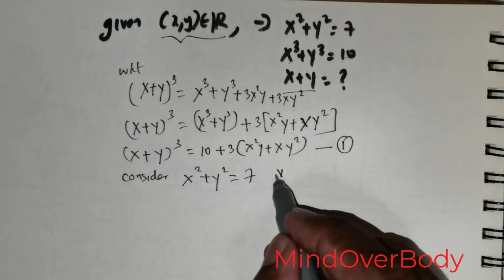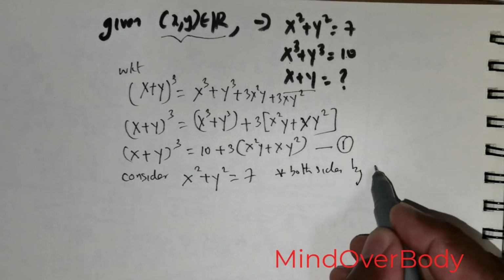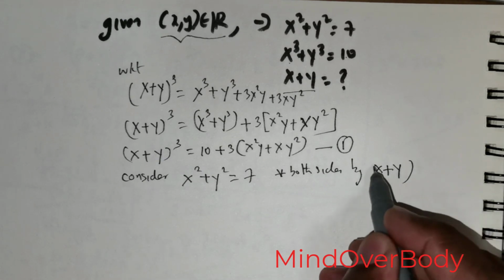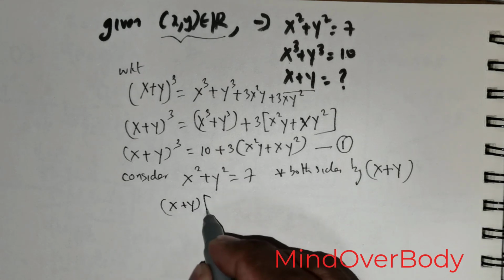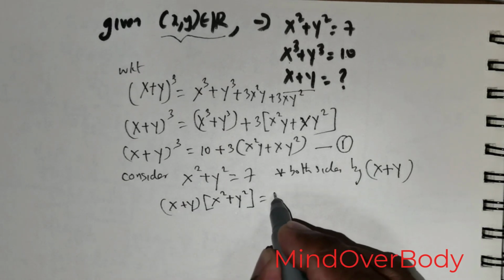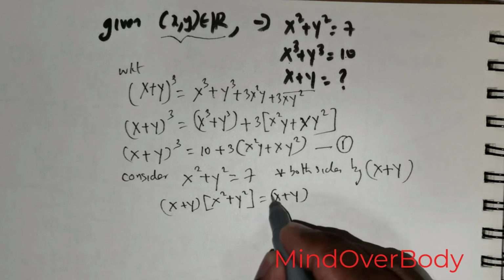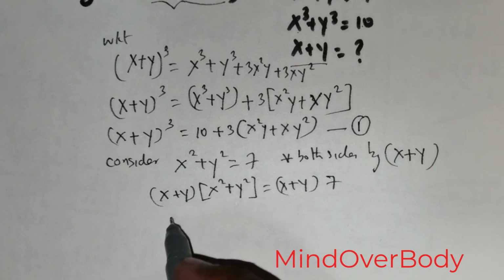Now I will be multiplying both sides by x plus y. When I do that, this is going to be (x plus y) times (x squared plus y squared) is equal to (x plus y) times 7. Now let me remove the parentheses on the left hand side.